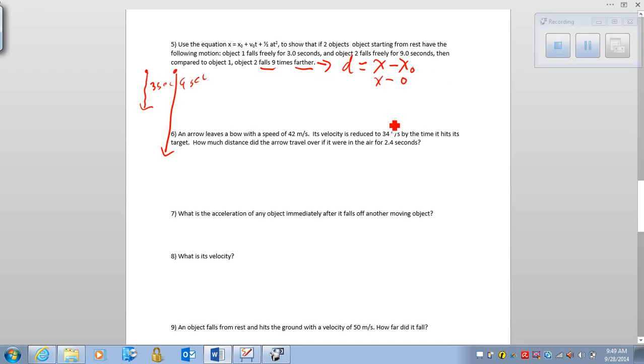Let's take a look at this equation then. To get x minus x0, I have to subtract x0 from both sides.